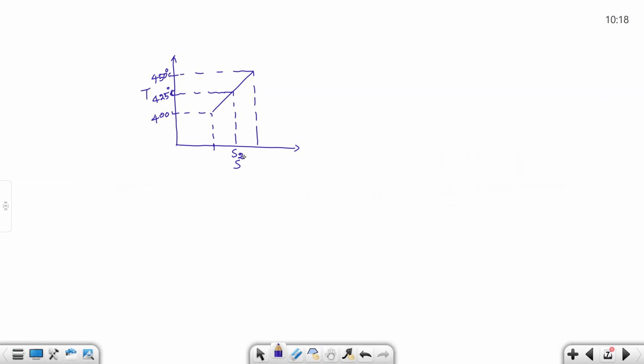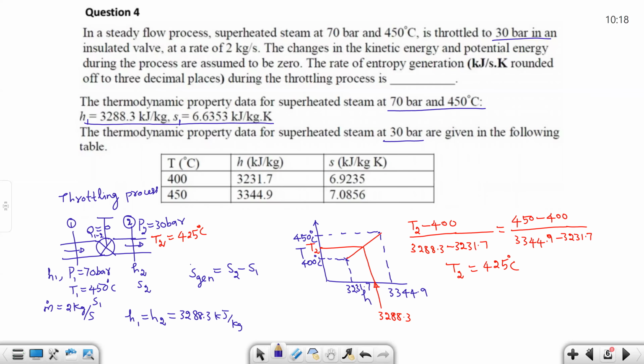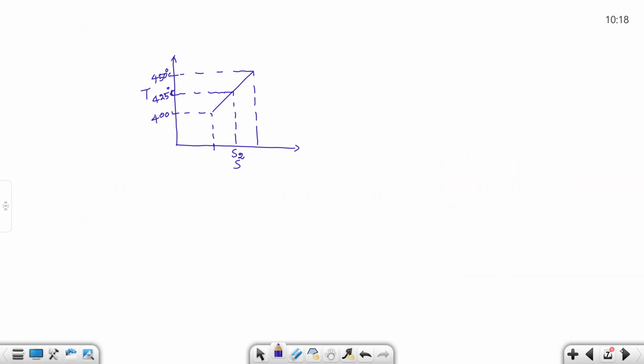Now for 400, if you go back, the value for 400 is 6.9235.